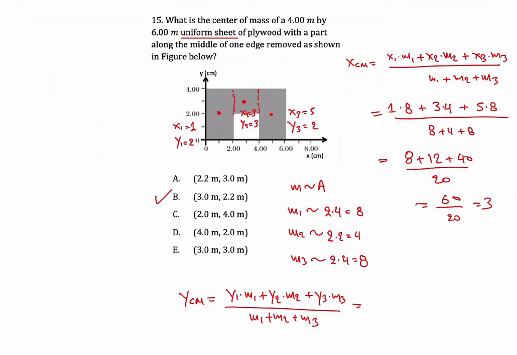A little bit carefully, y1 is 2, y2 is 3, and y3 is 2 again, divided by the total mass that we know is 20 from the previous part. So it is 16 plus 12 plus 16 divided by 20. This is 32 plus 12, 44 over 20, and this is 2.2. So our hypothesis was correct.